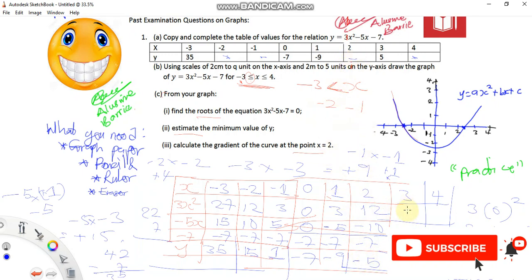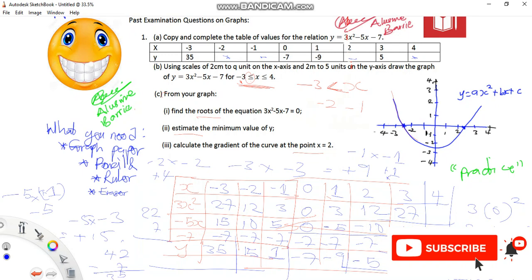Okay, and then for 3 we have 3x squared. We are going to square the value of x, which is 3 in this column. So 3 times 3 is 9. 9 times 3 is 27. Okay, and then we have minus 5 times the value of x, which is 3 in this column. So minus 5 times 3 is minus 15.